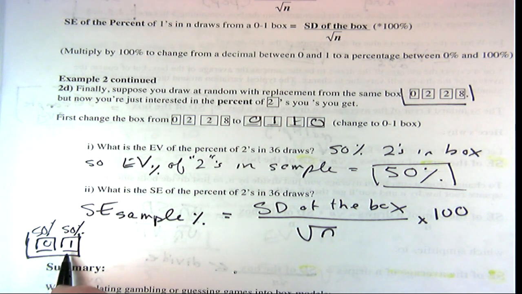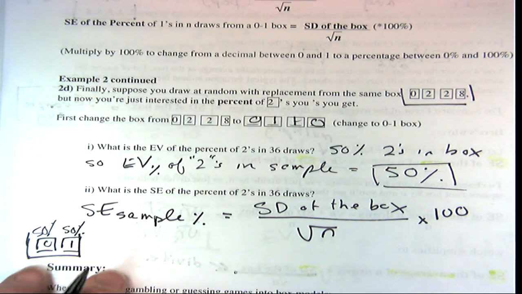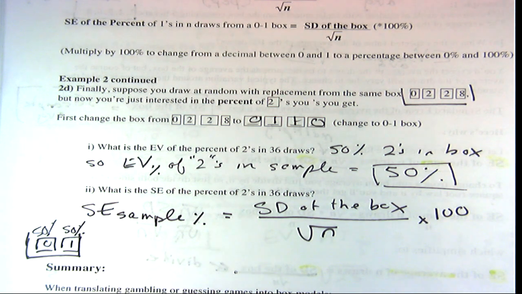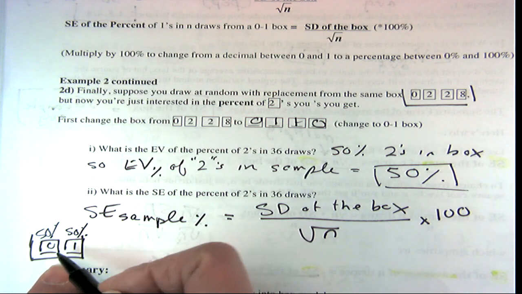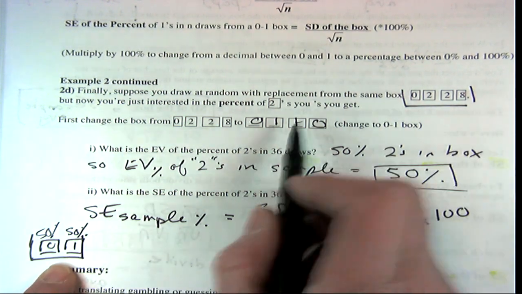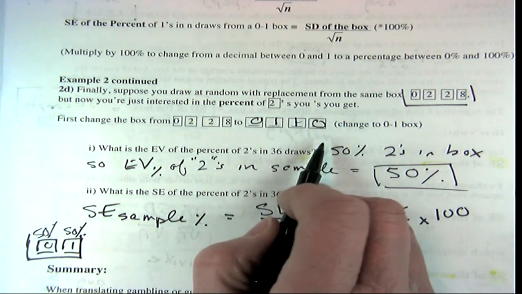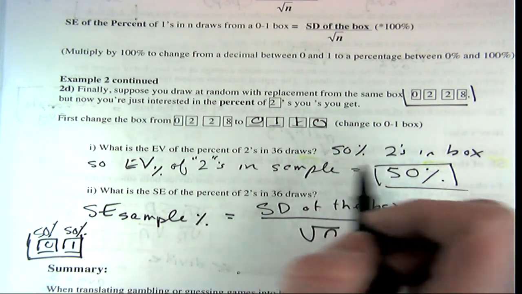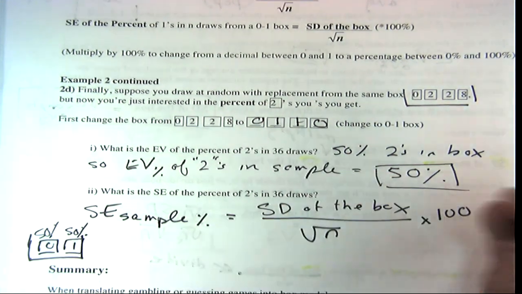That's your plus deviation. And 0 deviates by 0.5 below. So you have 2 deviations, one positive 0.5 and one negative 0.5. So your typical deviation has to be 0.5 because those are the only deviations you have.